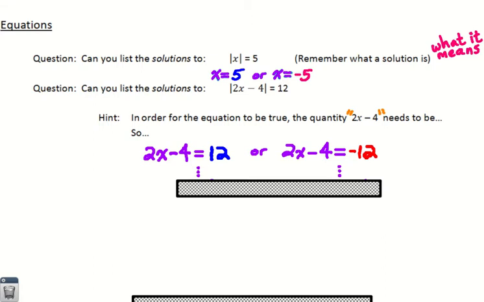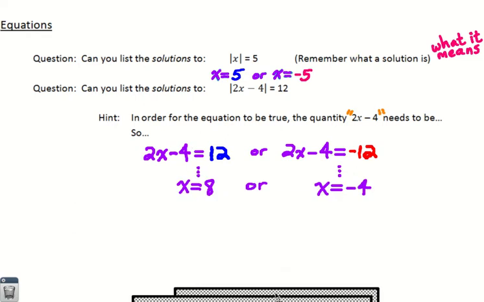And from there, you can just solve each one of these separately for x, because at the end of the day, you're solving for x, not for 2x minus 4. Add 4 to both sides, divide both sides by 2, and end up with +8 or -4 as your final two answers.